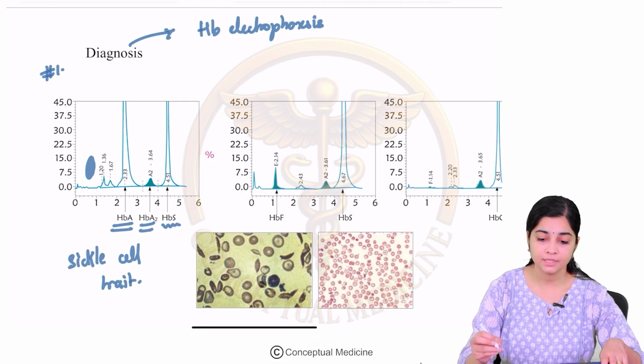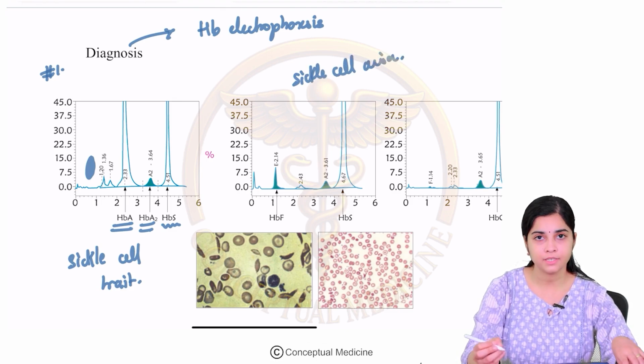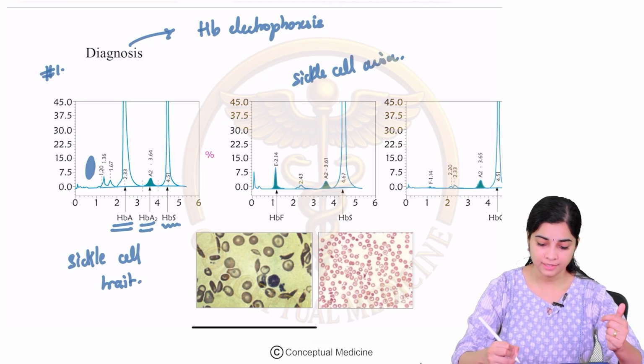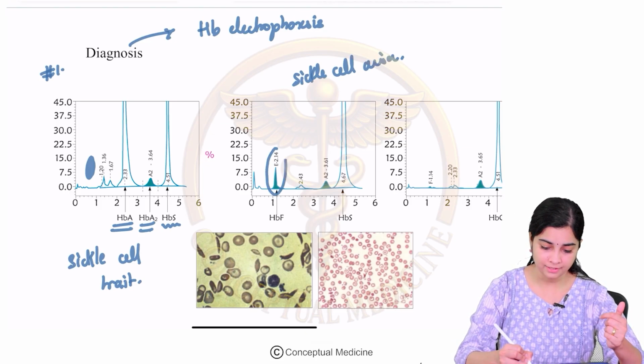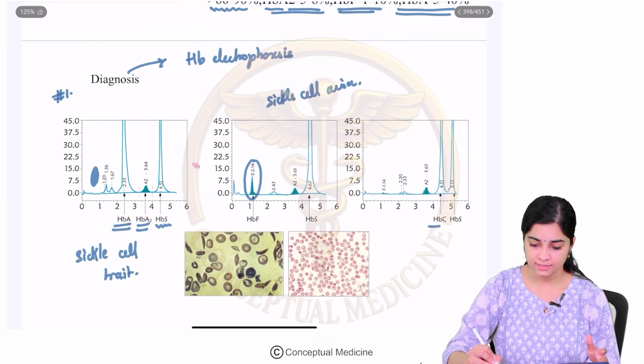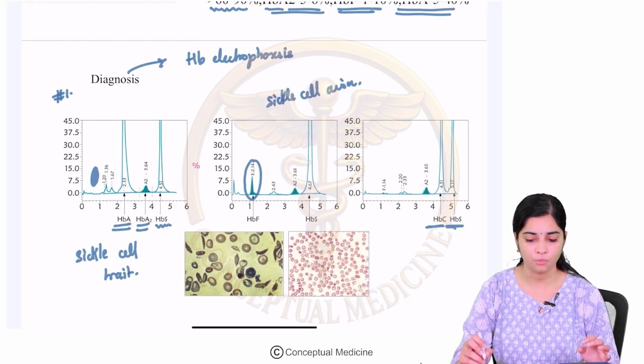But if you have to see a sickle cell anemia, in severe, where there is a severe sickling issue, then here you find that there is a peak for the fetal hemoglobin as well, right? And here you can see that there is HbC plus HbS evidence, which is an HbSC overlap.